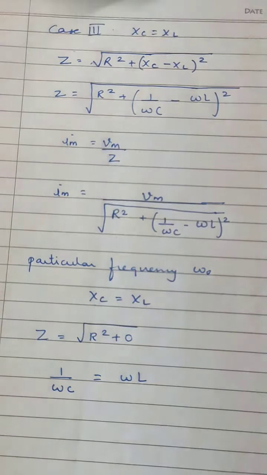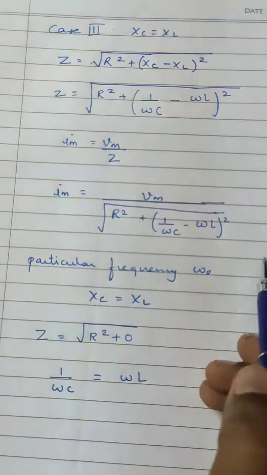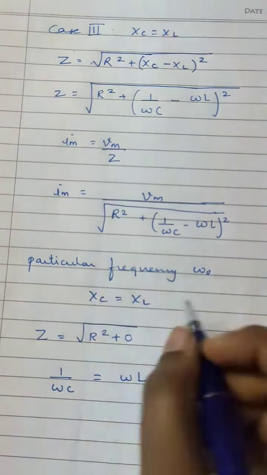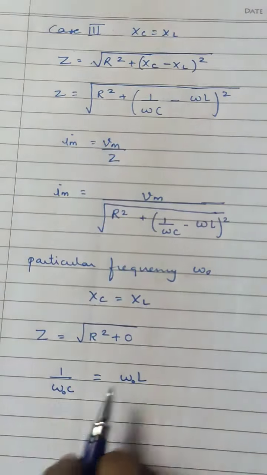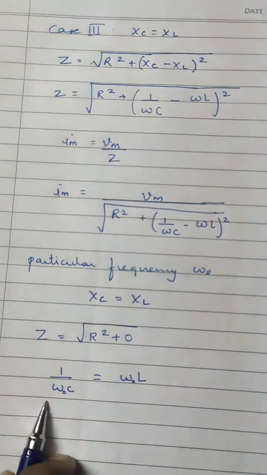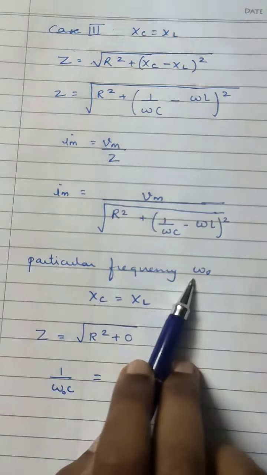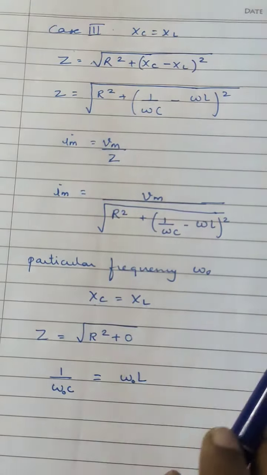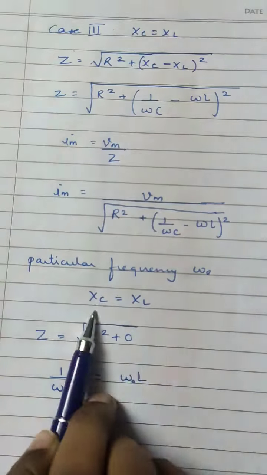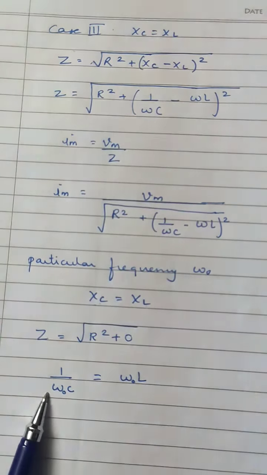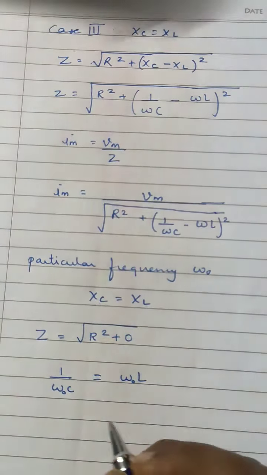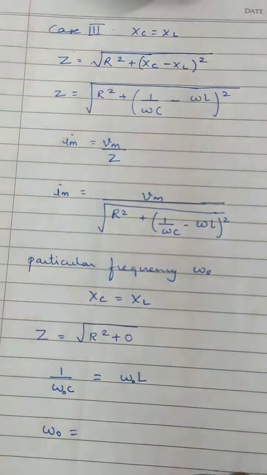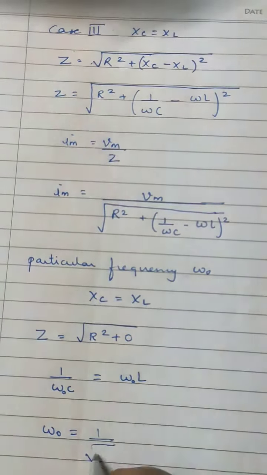Since I'm talking about this particular frequency where both are the same, this angular frequency is omega naught. At this frequency, XC and XL are both equal. Therefore 1 upon omega naught is equal to omega naught L, and therefore omega naught is equal to 1 upon root of LC.